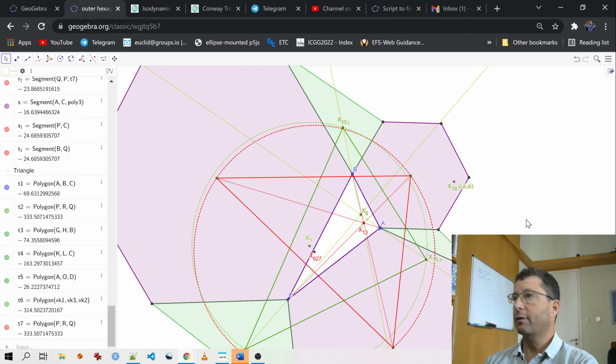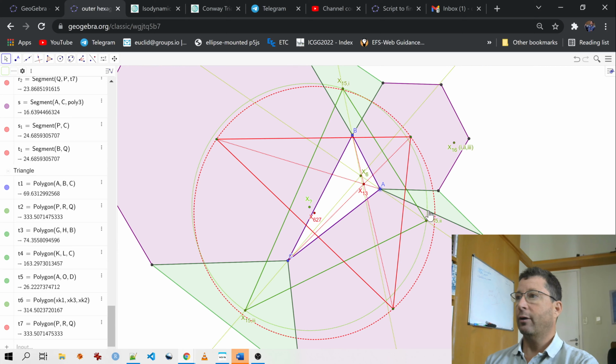Now, the second observation is that the triangle formed by the X15s of my flanks is perspective with my reference triangle ABC at the symmedian point X6 of my original triangle ABC. So that's pretty nice, right?